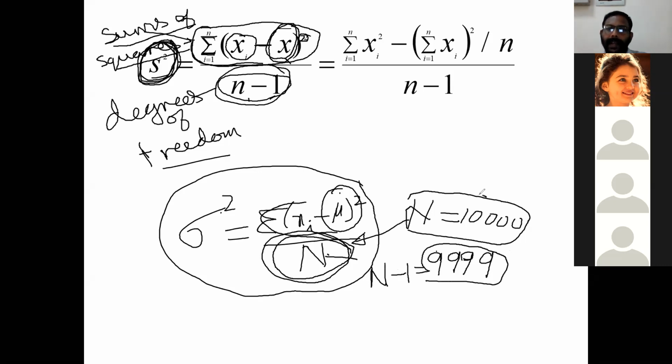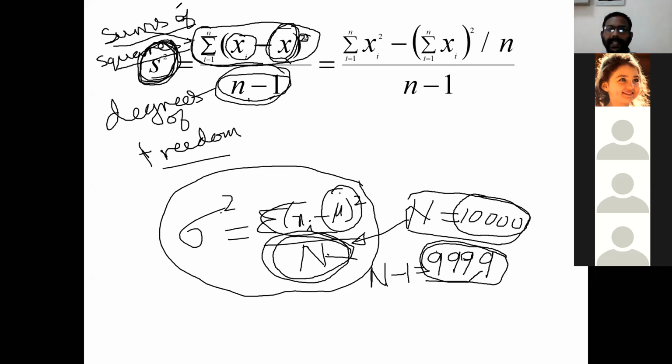If you divide a component by 10,000 or by 9,999, will it make a huge difference?